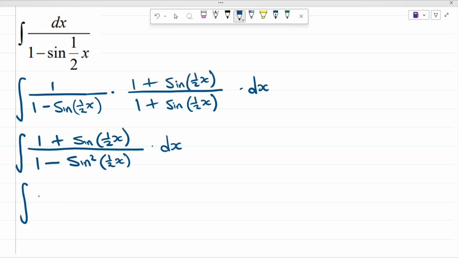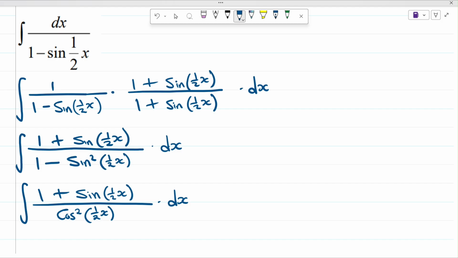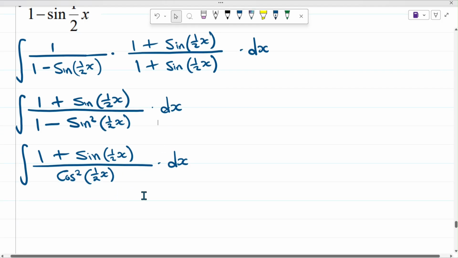Then this is equivalent to 1 plus sine of 1 over 2x divided by cos squared of 1 over 2x dx, just like that.